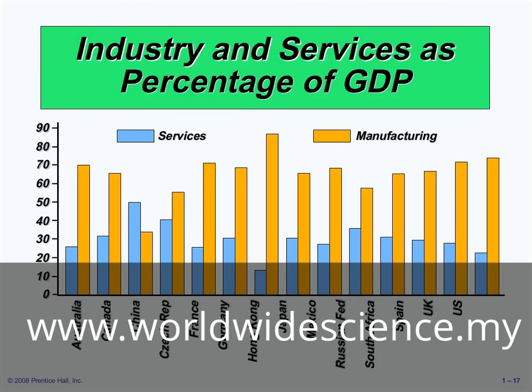But for example, in the Czech Republic, look at the difference between manufacturing and services. GDP is the gross domestic product. Have you heard of it? It's an indicator in economics. Gross domestic product, GDP.